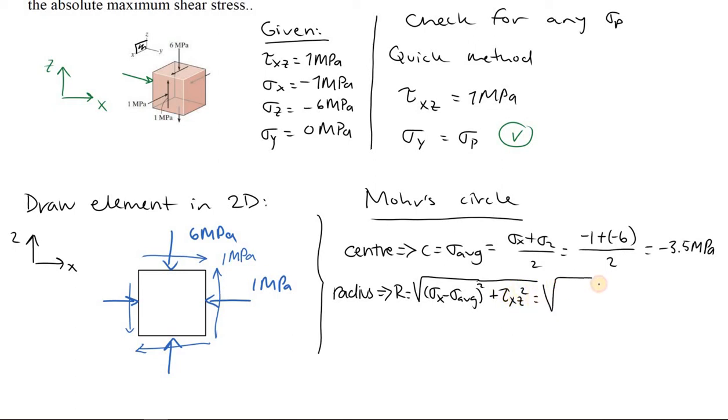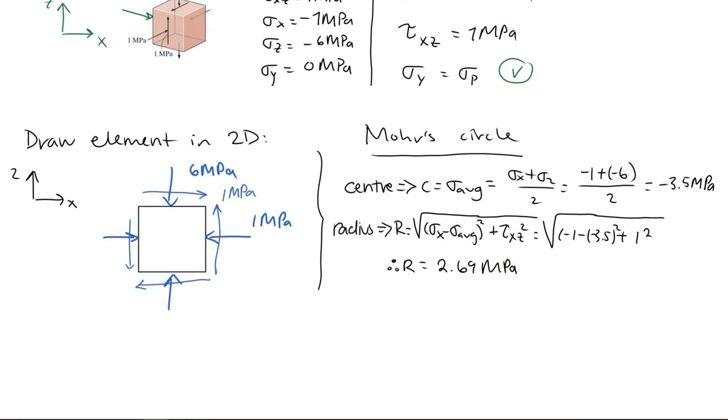And what we will get is simply -1 minus -3.5 squared plus our shear stress, which is just 1 squared. Then my radius is just 2.69 megapascals. From this, I can draw out my Mohr circle.